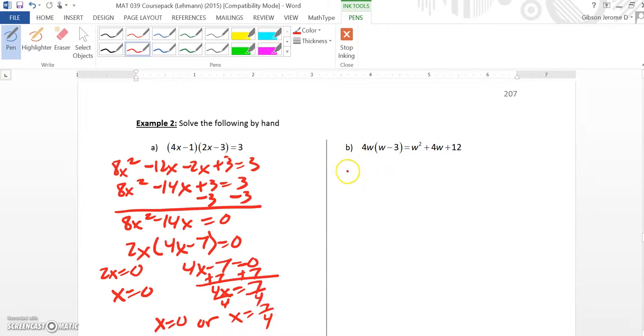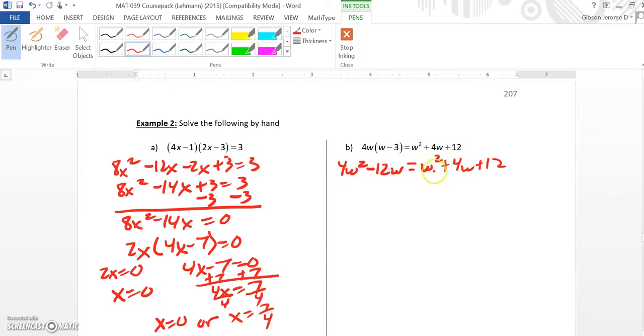Okay, now we go here to B. B, we basically do the distributive property. 4w times w is 4w squared. 4w times negative 3 will give us a negative 12w. And it equals w squared plus 4w plus 12. Now, we have to get all of these values on one side.